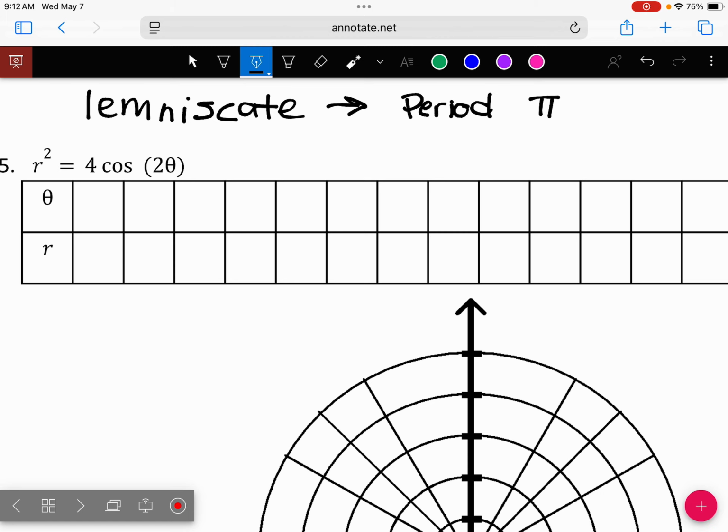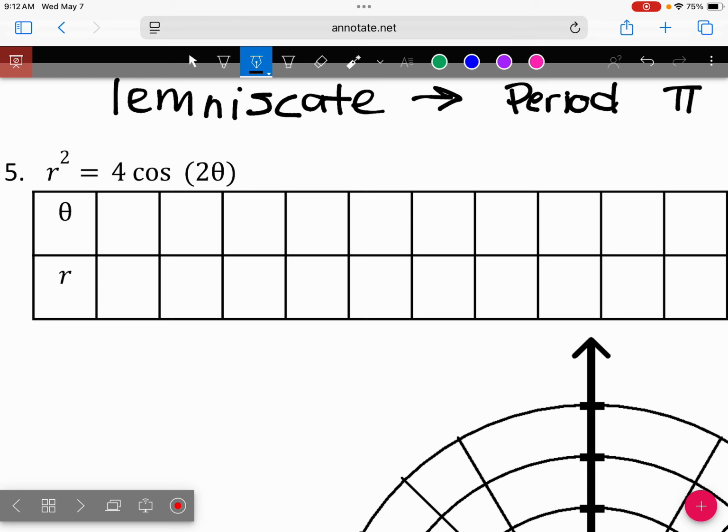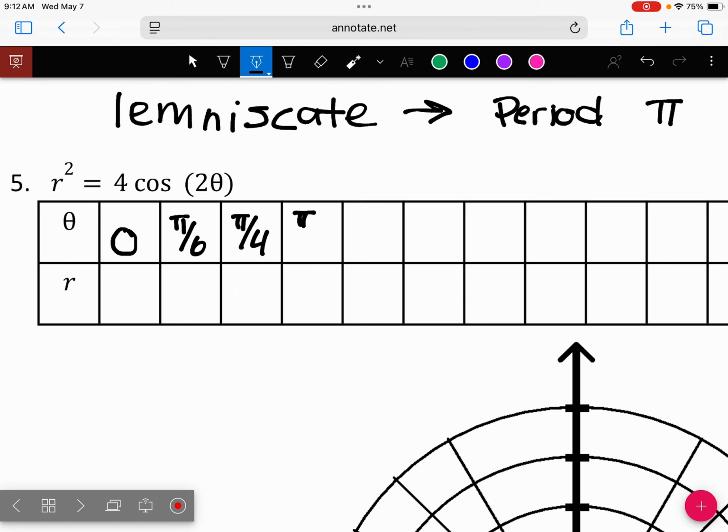So we're going to need every number from 0 to pi. So we're going to do all of our unit circle values. So we're going to have our 0, our pi over 6. So that gives us our full period.